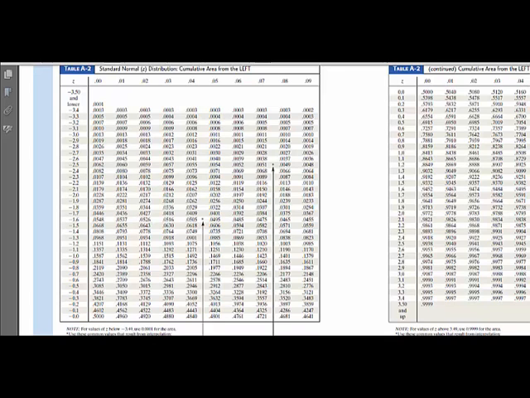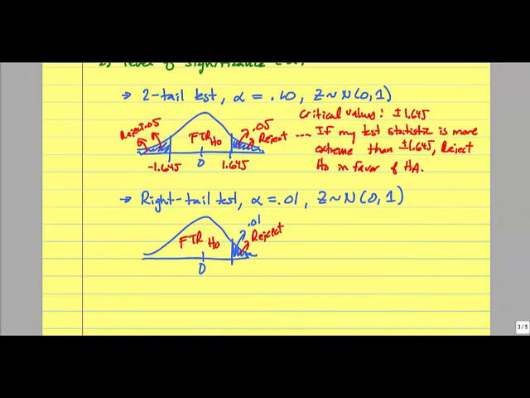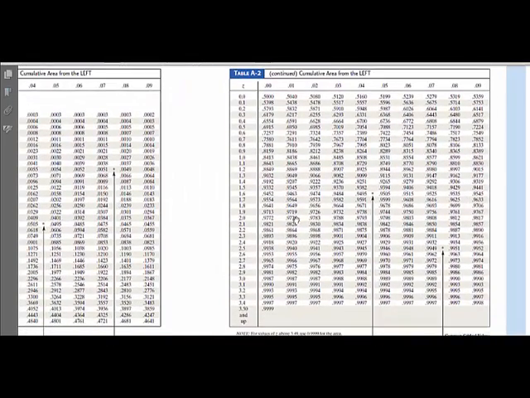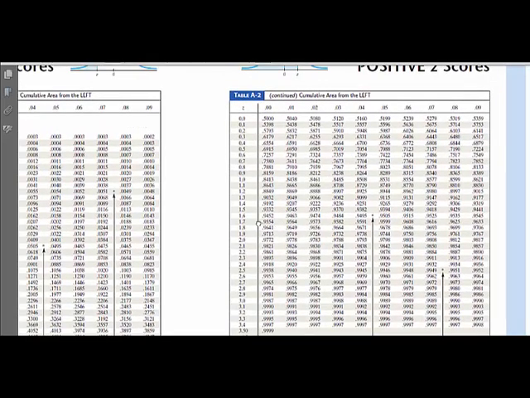Because of symmetry, I know this value is a positive 2.33. Also, because the area under the curve is always equal to 1, if I have 0.01 in the upper right tail, I have 0.99 in the lower tail. So I could look up 0.99 on the left, and I'd get 2.33 as well.